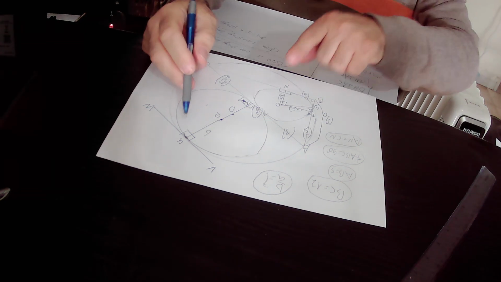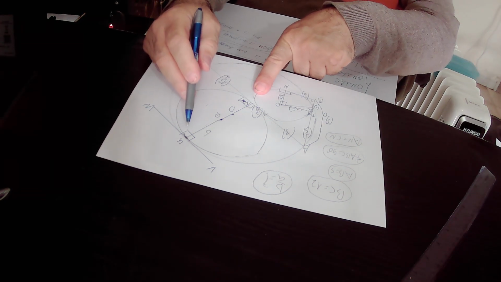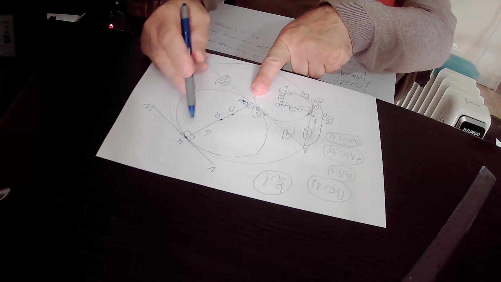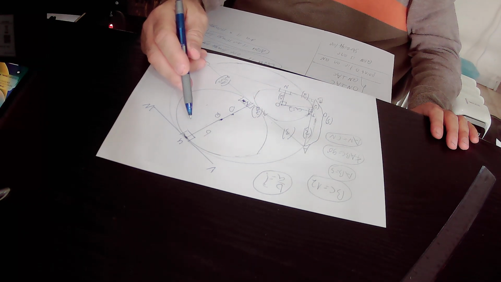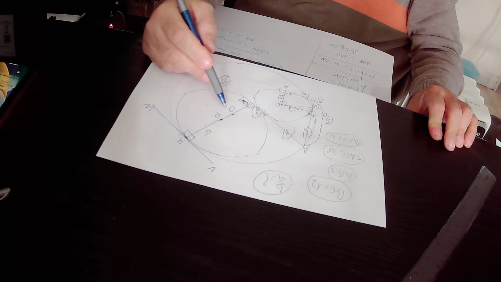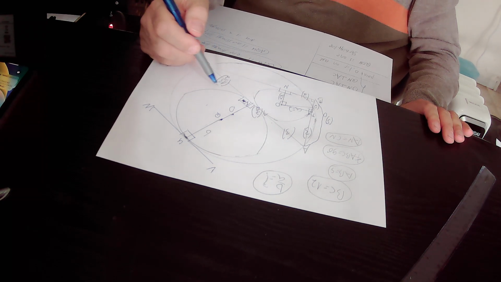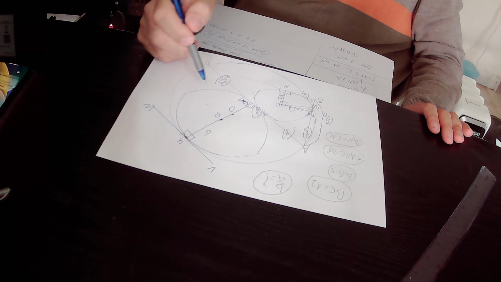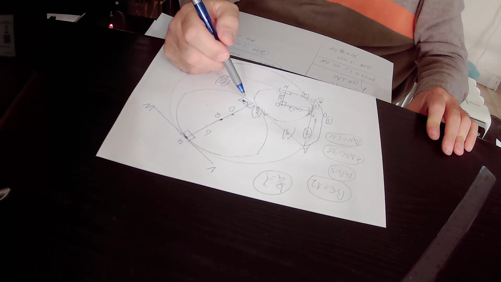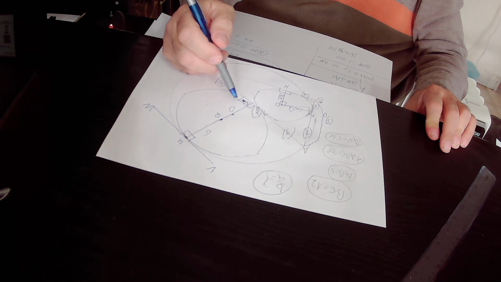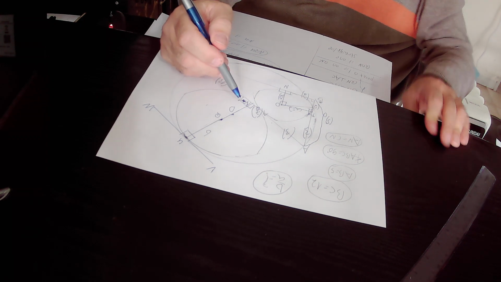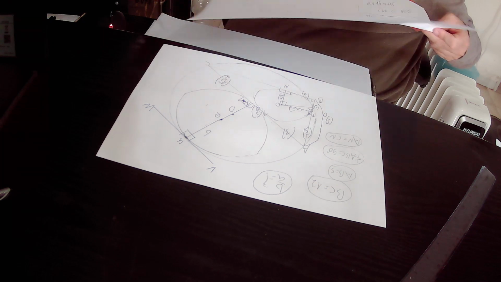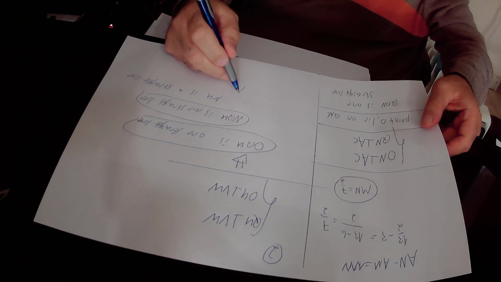NU is a straight line that touches this circle at points N and U. Therefore, NU is a chord that passes through point Q, the center of the circle. Any chord that passes through the center of the circle must be the diameter of the circle. Therefore, NU is the diameter of the circle.